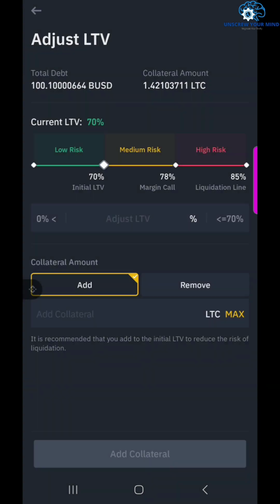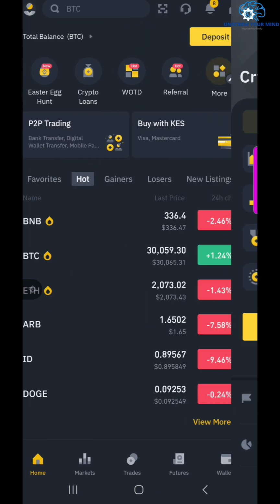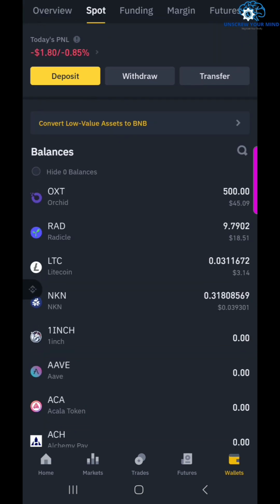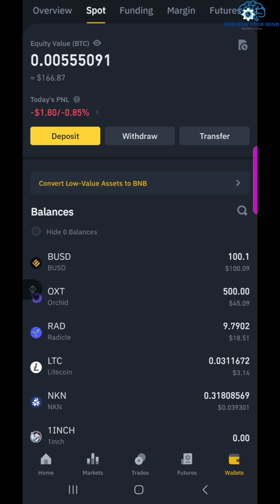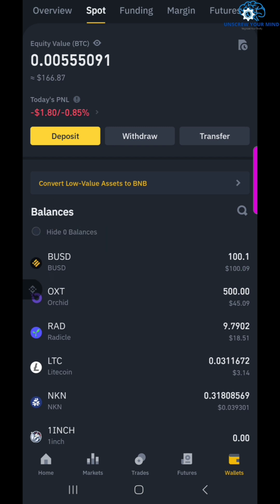If I want to adjust the loan to value ratio, I can also adjust it. So let's just first go back to our wallet and see if we have the BUSD in our account. So wallets, then we're going to see, we have our BUSD. We never had the BUSD in our account, but now we have the 100.1 BUSD that we had borrowed, and that is what we have in our wallet.